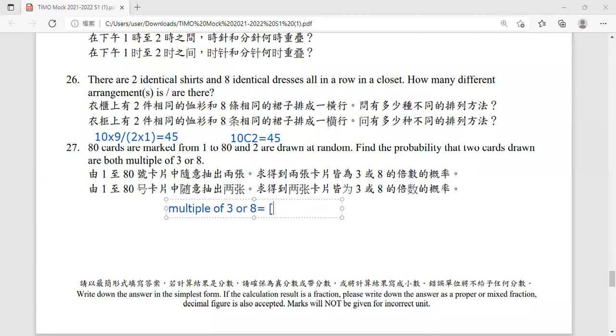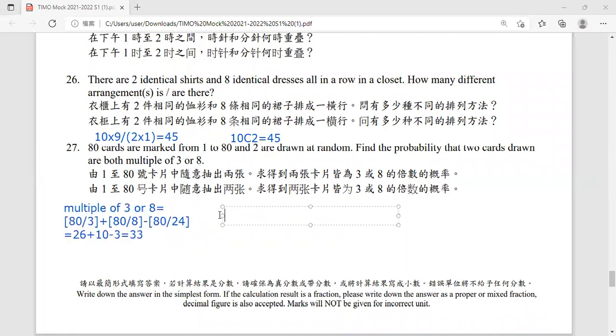Now you have to calculate the number here first, which is equal to 26 plus 10 minus 3, which is equal to 23.